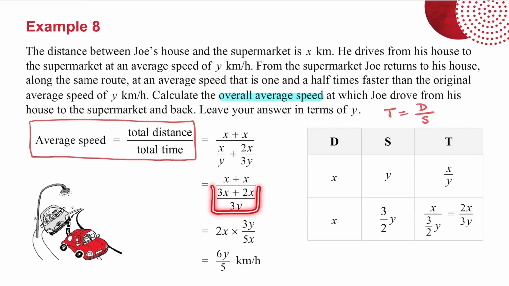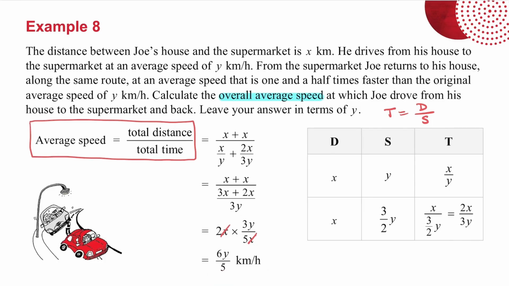So at the bottom of this fraction you've got 5x over 3y. And remember, when you divide by a fraction, you're going to multiply by the reciprocal. So you're multiplying by 3y over 5x. The x's cancel, and you're left with 6y over 5.